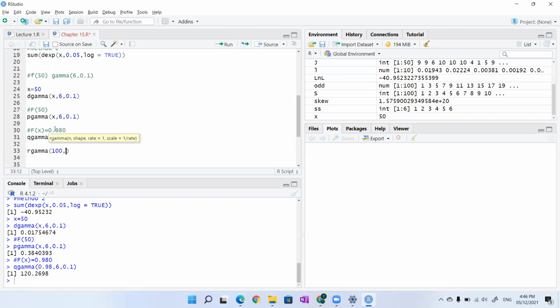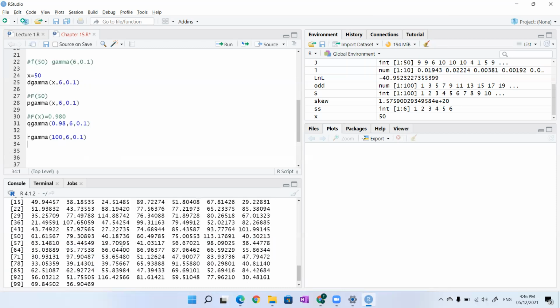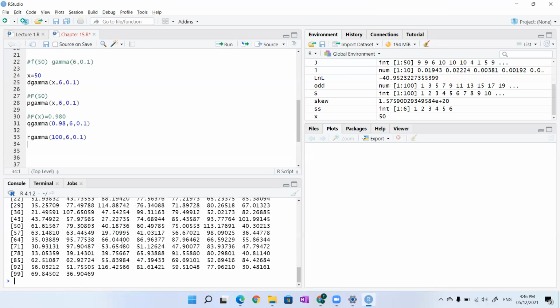I want to produce 100 values from alpha as 6 and lambda as 0.1. So you produced your 100 values now. You can do the same for the normal distribution: dnorm, pnorm. Same thing.